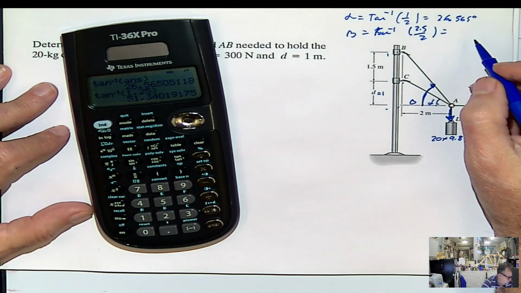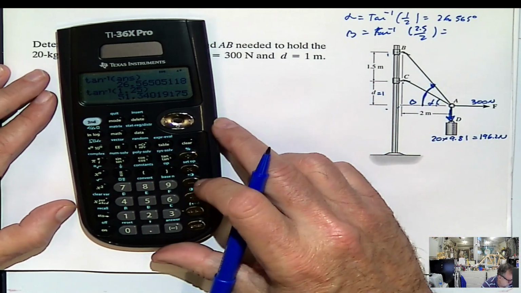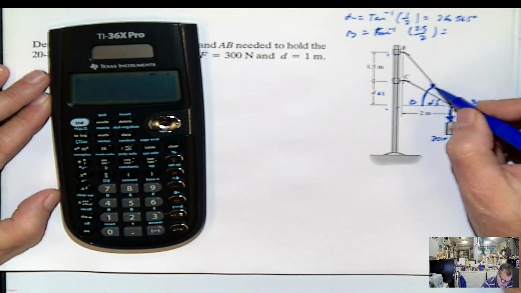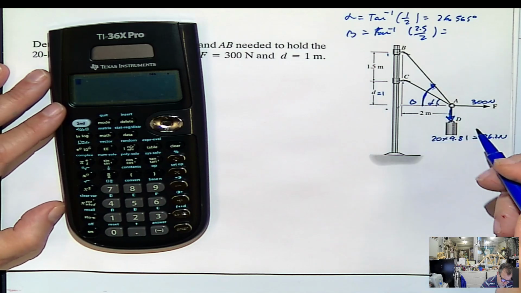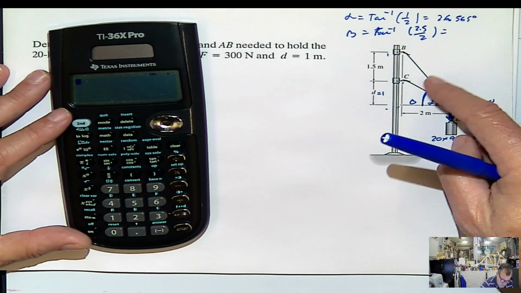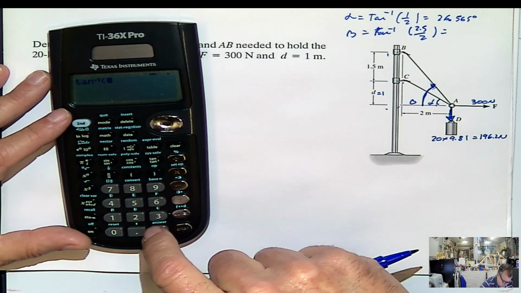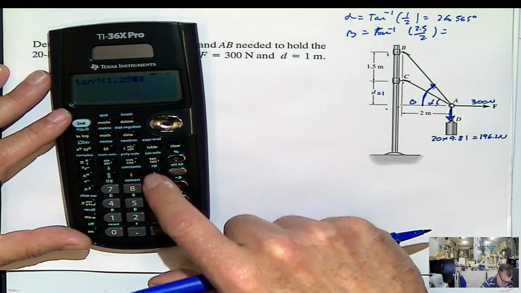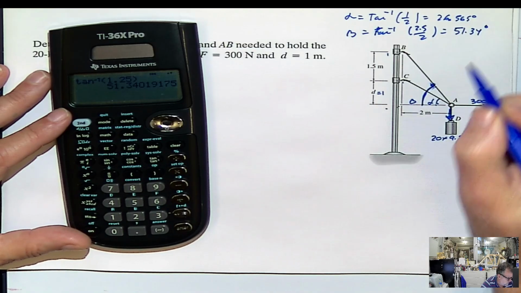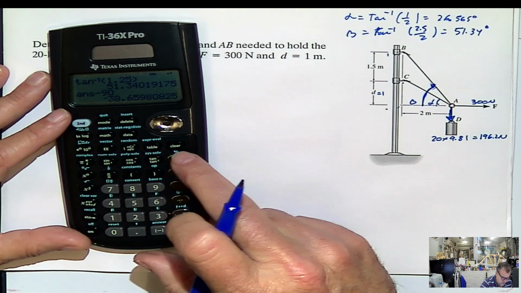Inverse tangent of 1.25, the angle will be 51.34 degrees. Cool.